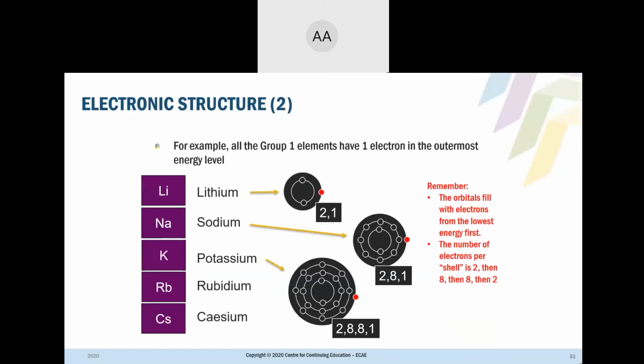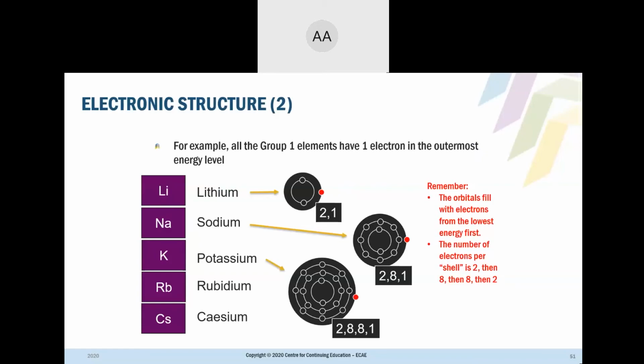The orbitals fill with the electrons from the lowest energy level first, and then they move through the number of electrons per shell, which is 2, then 8, and then 8. So group 1 always have 1 electron in the outer shell, unless it is an ionized atom.